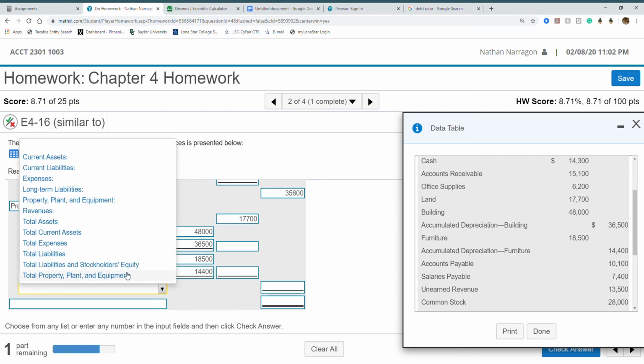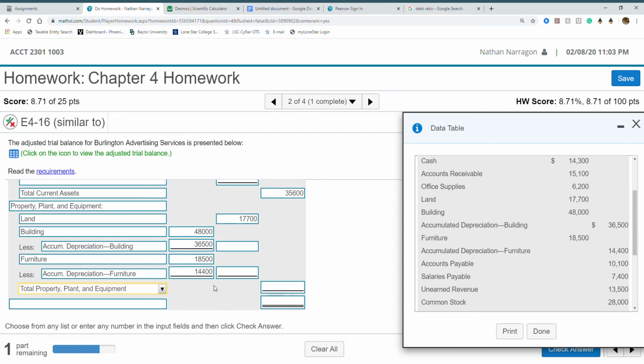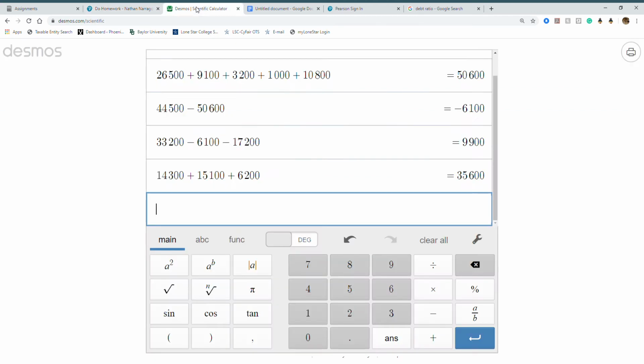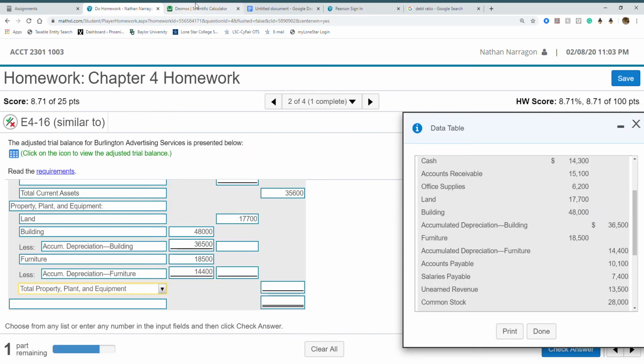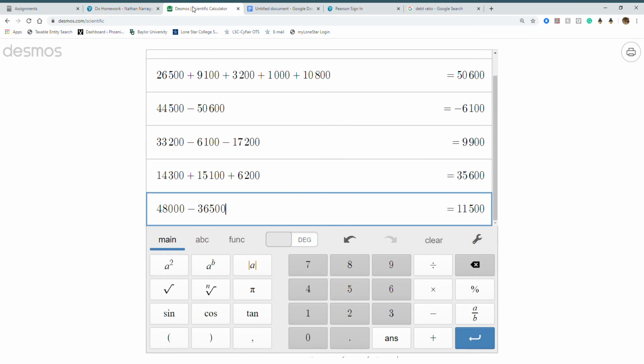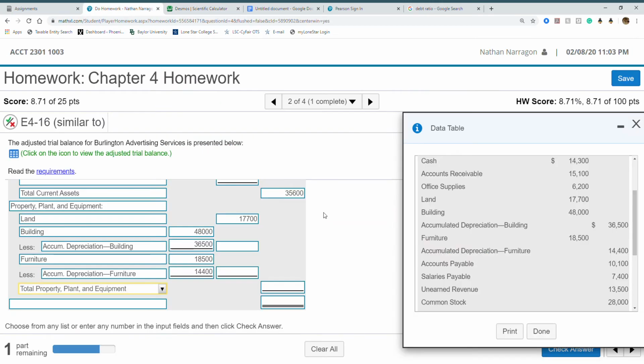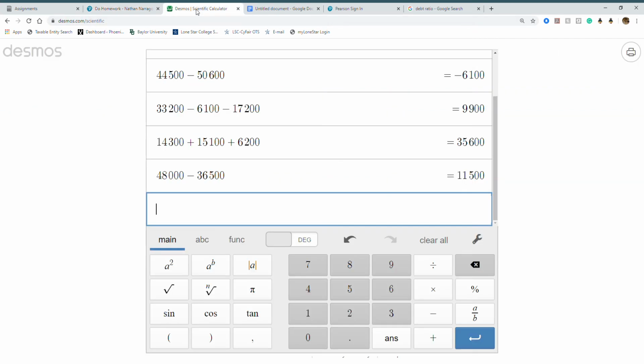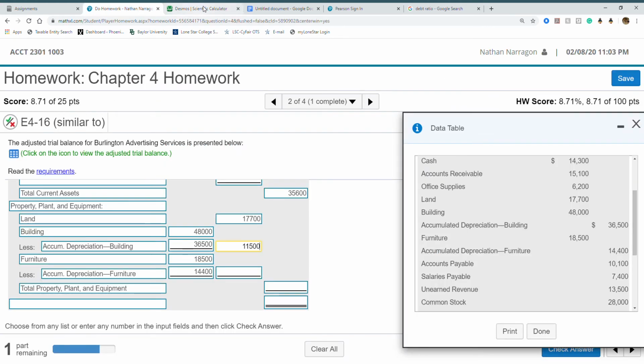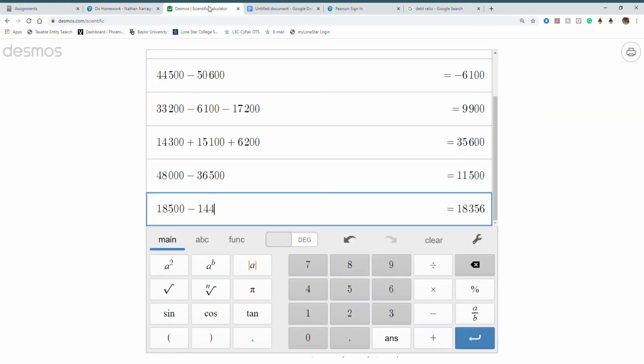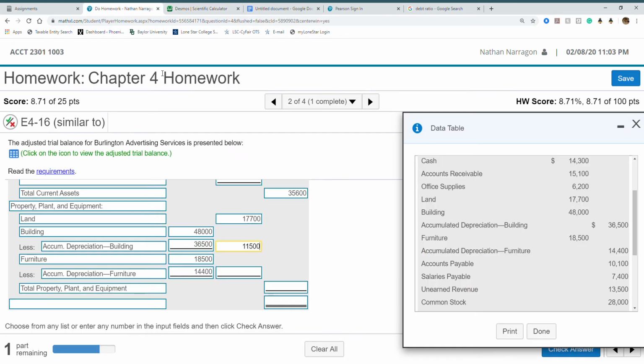Okay, and then this will be total property, plant, equipment since we got multiple numbers. Now we gotta find how much book value these items are. So 48,000 minus 36,500 equals 11,500. Then we have 18,500 minus 14,400 equals 4,100.